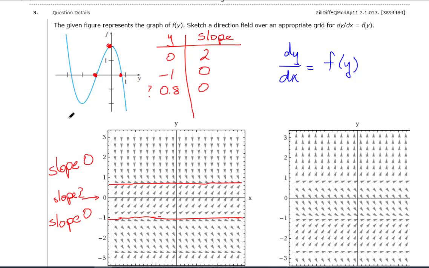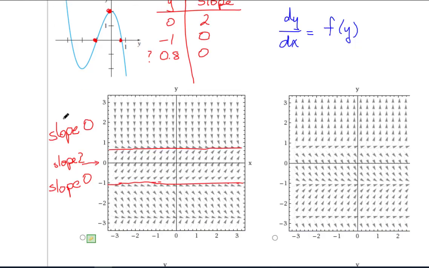So I'm going to try to match that up with these direction fields that they're giving me. So let's see. I don't really care about x. What I care about is y. So when y is 0, so right along here, here's y equals 0. Notice all of these little lines have an upward arrow. Yeah, we can say it's about 2.